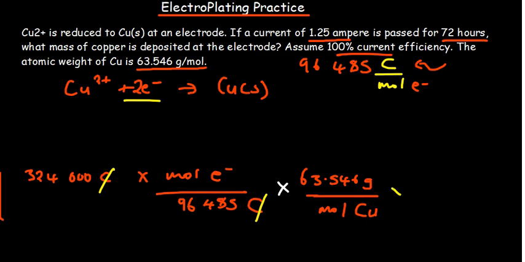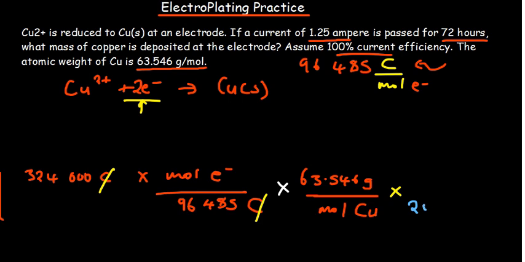Now we need to pay attention again to the actual equation. You can observe that there are two electrons being gained per every mole of copper formed. Now check that the mole of electron is on top there, so we have to have it down.